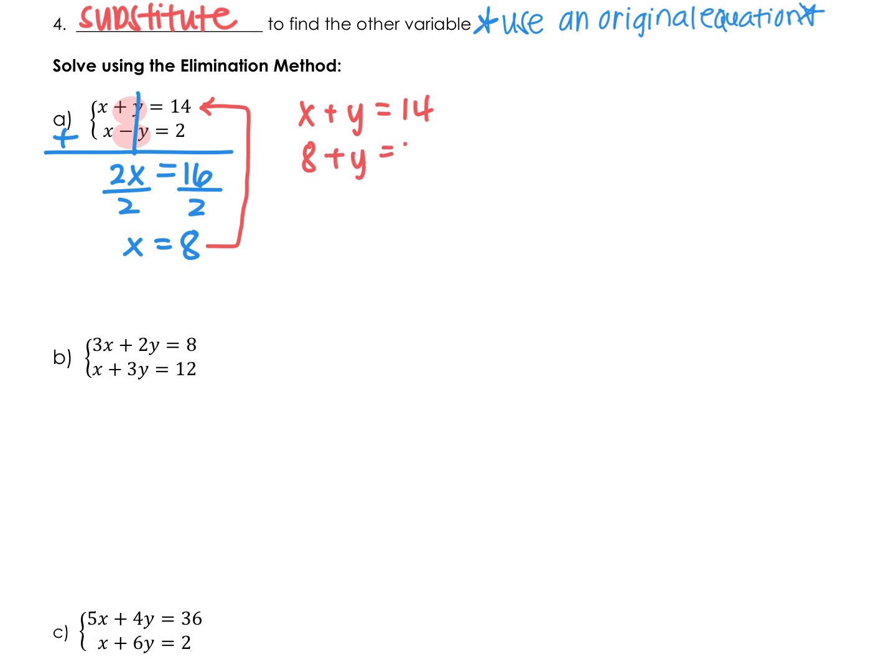So 8 plus y equals 14. We're going to subtract 8. And we get y equals what? 6. And then you make it as a point. So it's 8, 6.